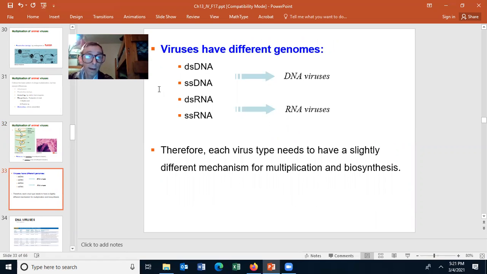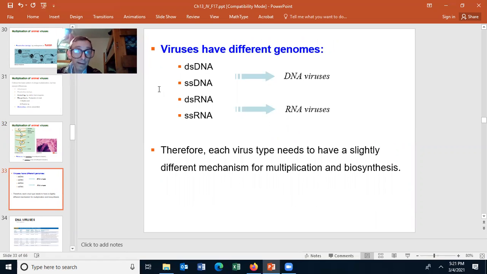All right. As we've discussed, viruses have different genomes. They can be double-stranded DNA viruses, single-stranded DNA viruses, double-stranded RNA viruses, and then two types of single-stranded RNA viruses, the plus RNA single strand and then the minus single strand RNA viruses.